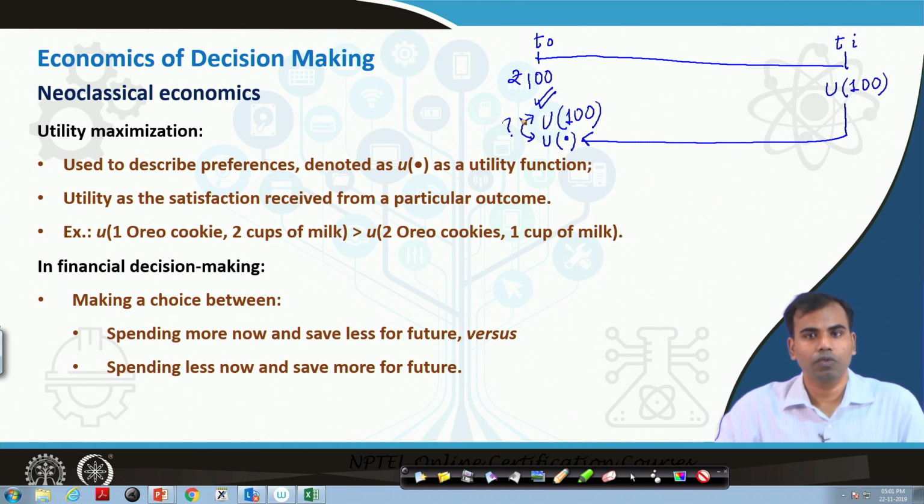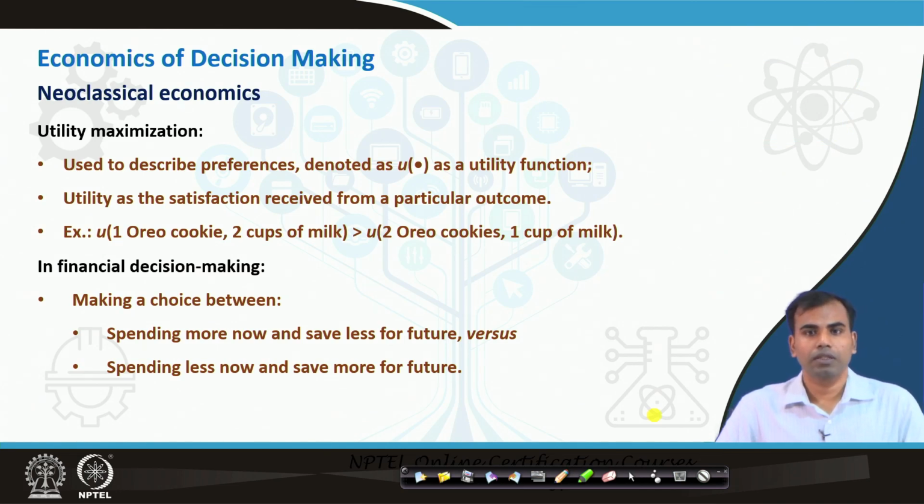So, suppose after 1 month you get that 100 rupees plus the interest, let us say 5 rupees. So, 105 rupees at the end of 1 month. If you can gain more utility at the end of 1 month out of this 105 rupees, and that utility is higher than the utility that you are deriving by spending it right now on a movie, then definitely saving it for later makes sense. So, this is the kind of decision making framework that utility theory helps us to understand.